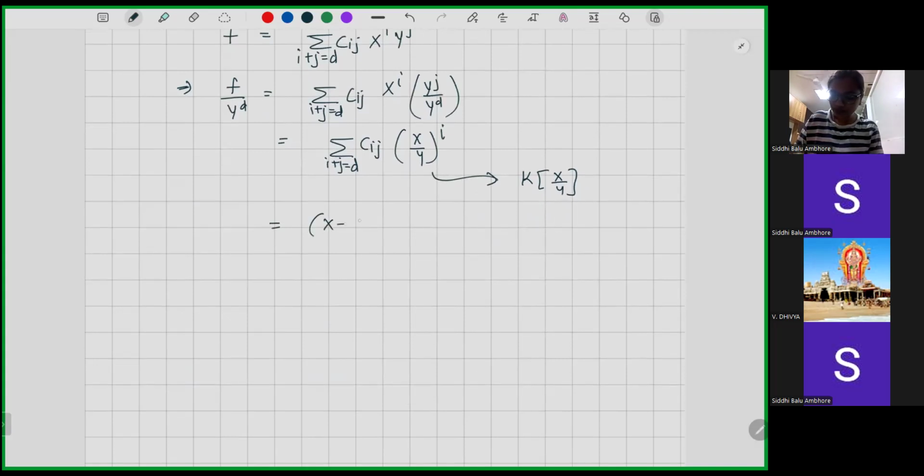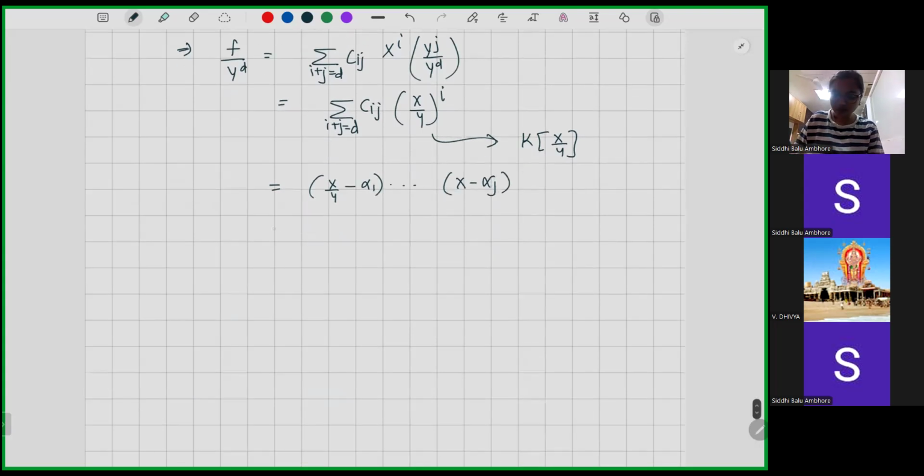It will be of this form: x by y minus alpha 1, and so on, up to x by y minus alpha m.